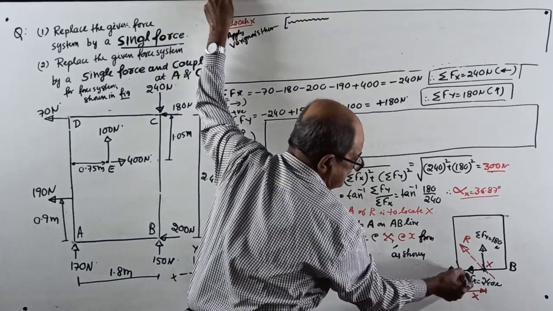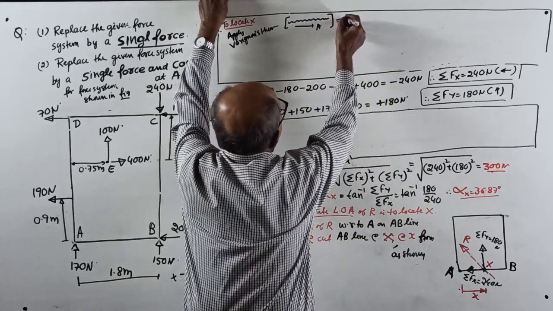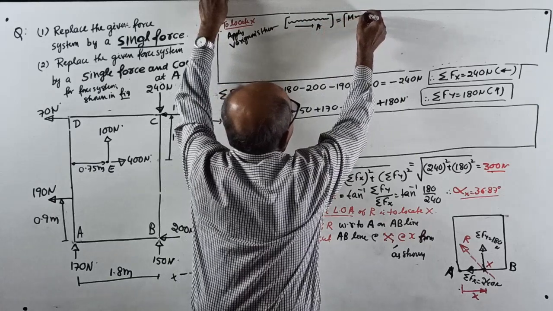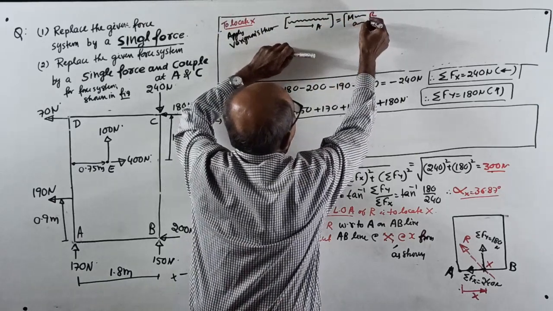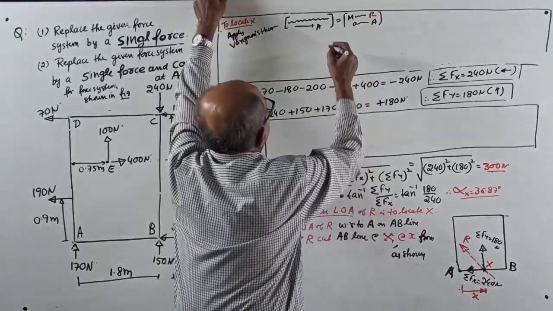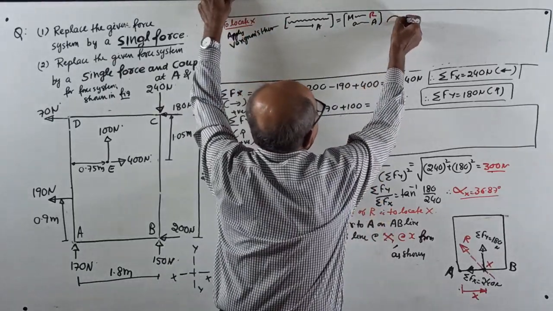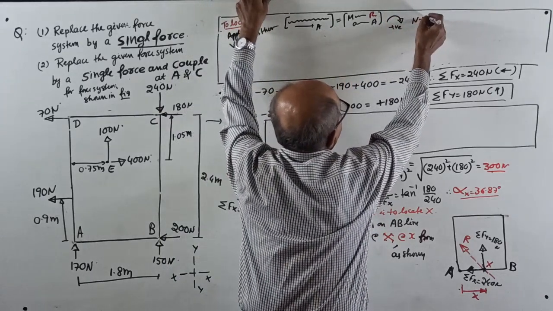Because you are referring with respect to A, about A equal to moment of the resultant about A. This I told 1,000 times earlier. We will take clockwise positive and moments will be in Newton meter.